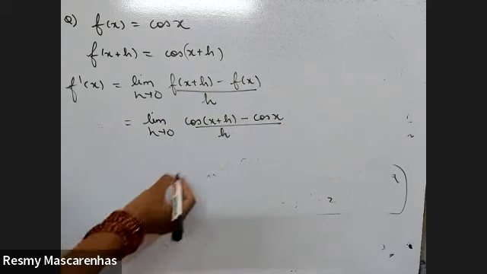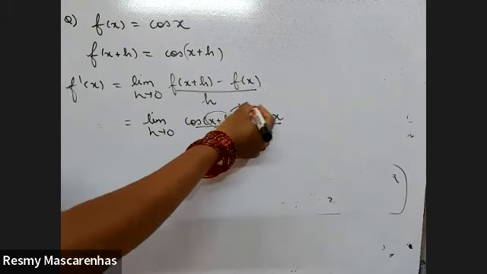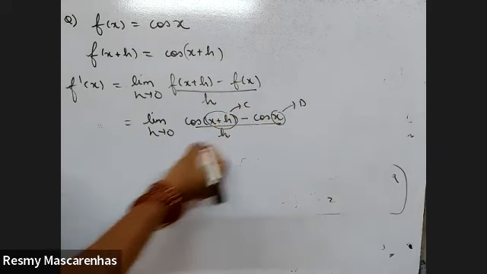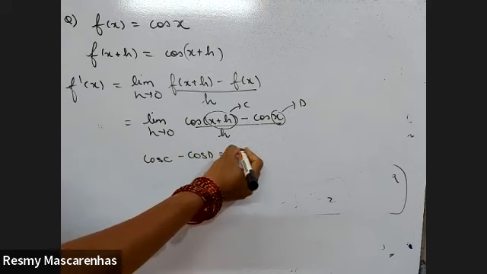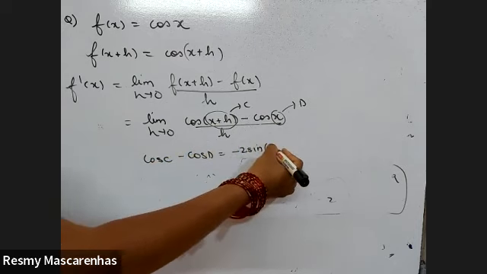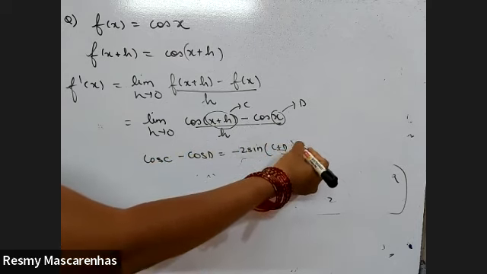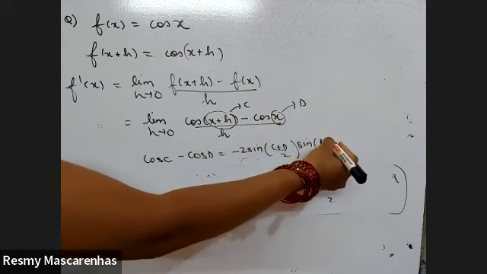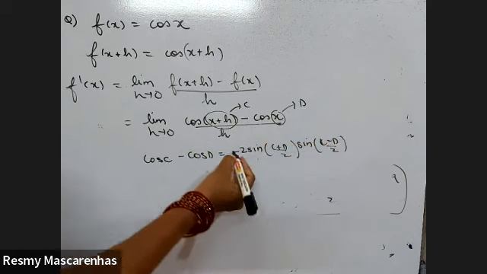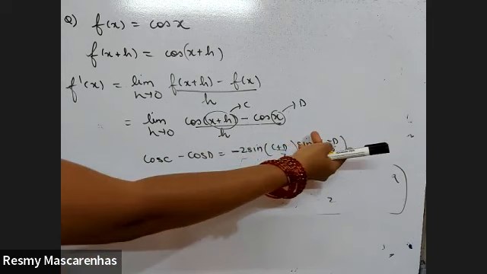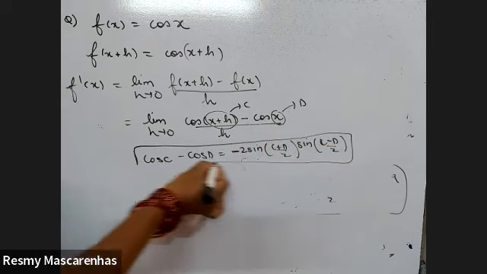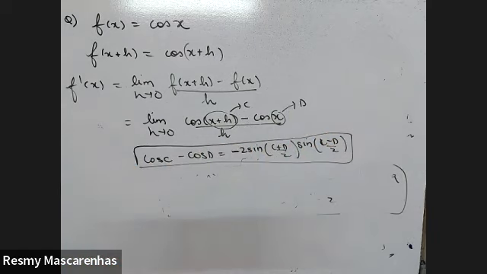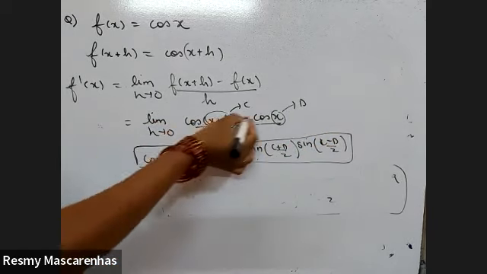Cos c minus cos d. So this is like c and this fellow is like d. So which formula to use now? Cos c minus cos d is minus 2 sine of c plus d by 2 sine of c minus d by 2. If you are not using the minus sign, then you have to reverse this. So apply the formula.